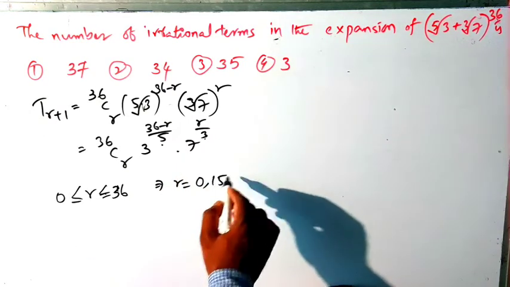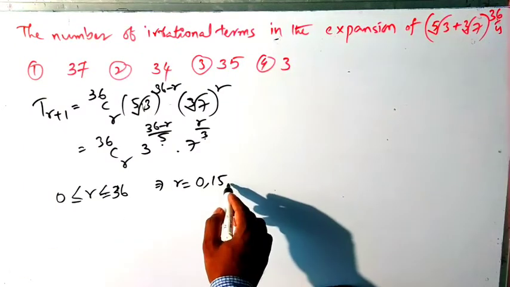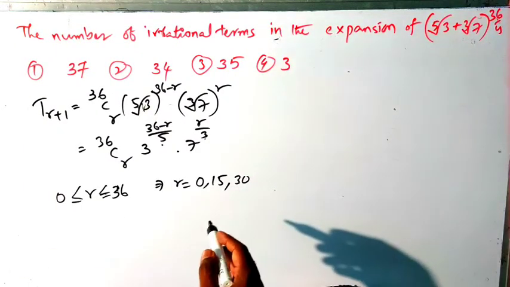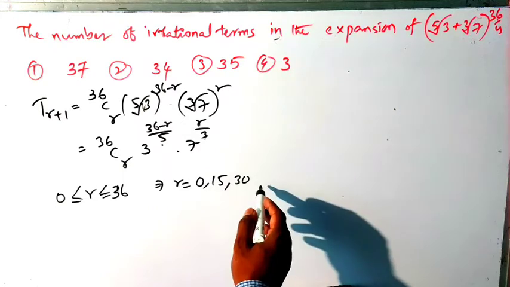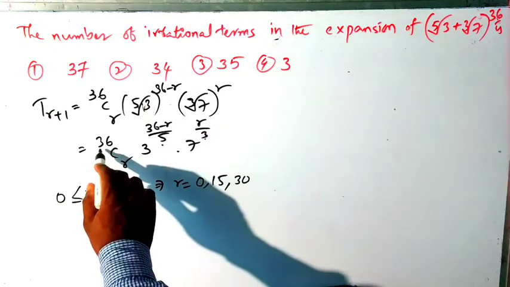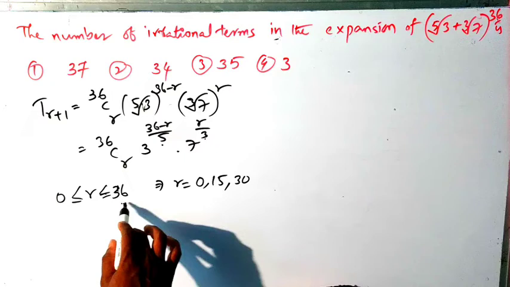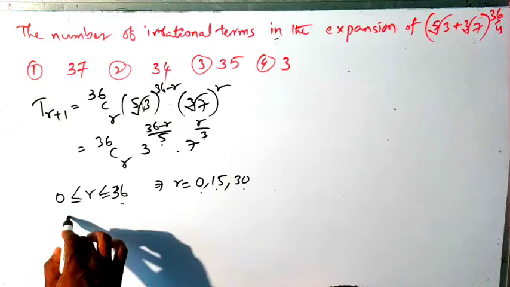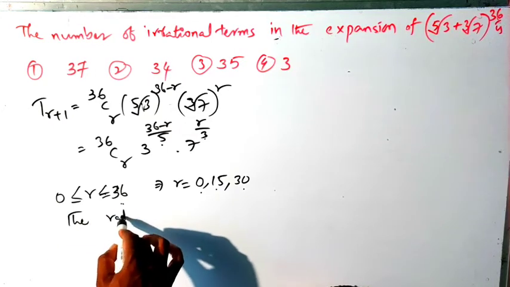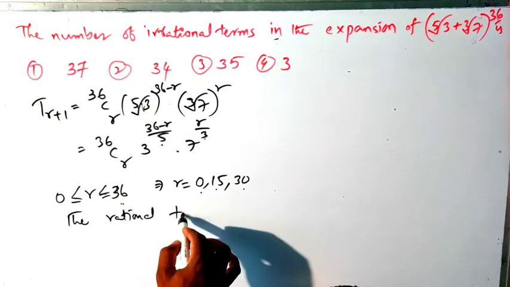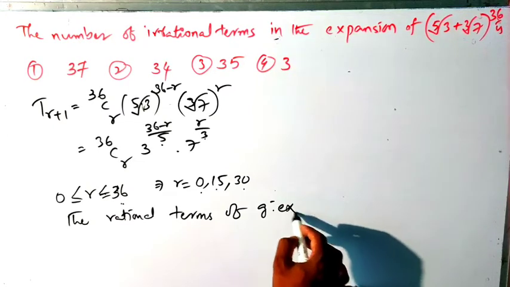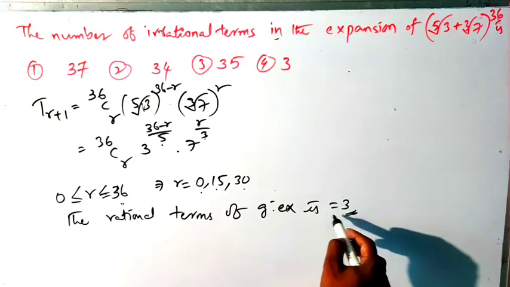Next 15, then 30. 15 times 3 is 45, but only values up to 36 exist. So only these 3 are rational terms. The number of rational terms of the given expansion is 3.